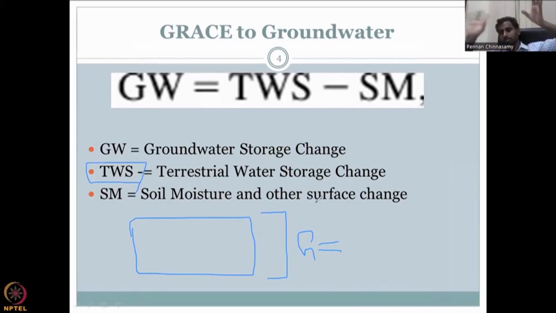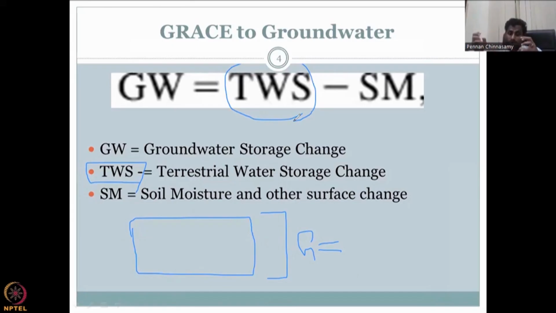The atmospheric cloud precipitation doesn't count. It is purely the Earth, under the Earth, whatever storage is there, and on the surface of the Earth. So the gravity anomaly change is converted to a terrestrial water storage change, which is the real GRACE output.